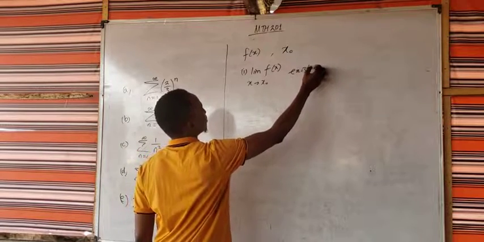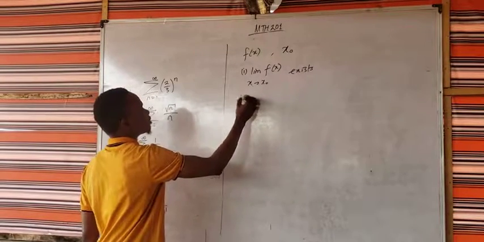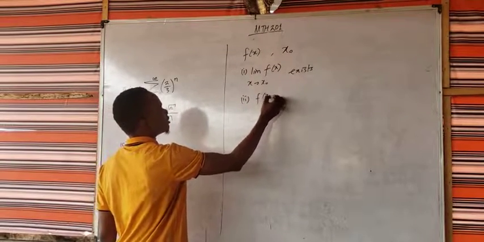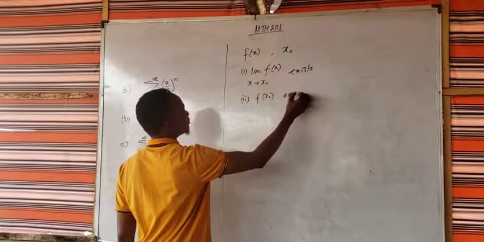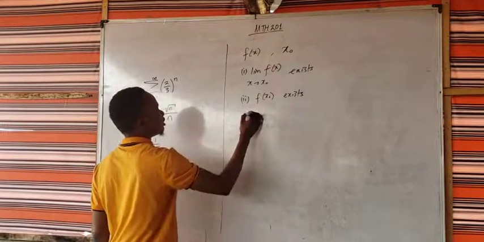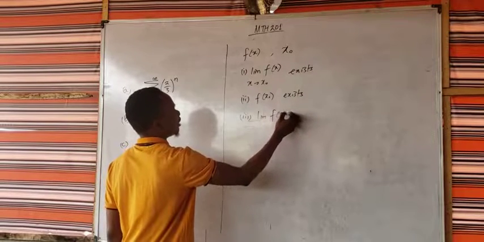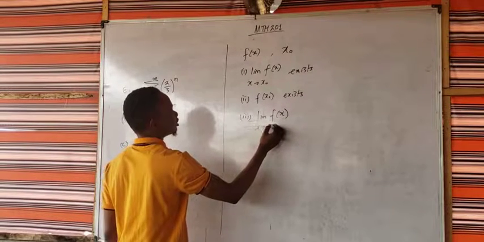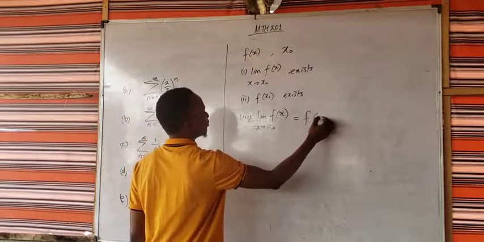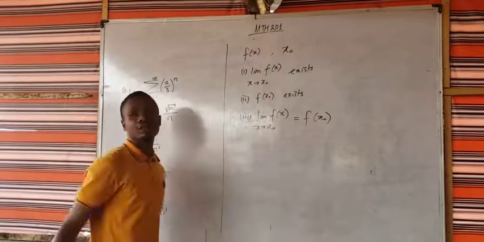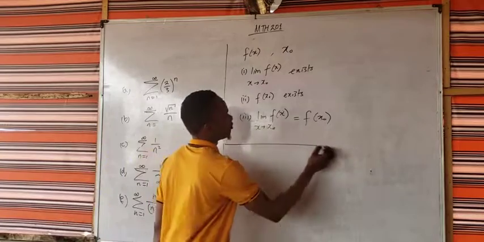That means it's going to give you some real number. Number two, f of x naught exists or is defined. And number three, both of them are equal: the limit of f of x as x approaches x naught is equal to f of x naught. Is that clear? Those are the conditions for continuity.